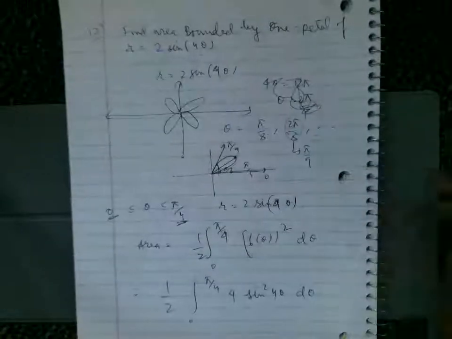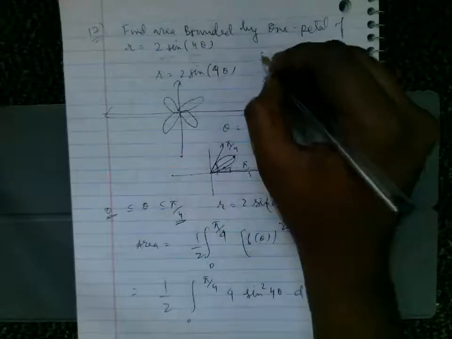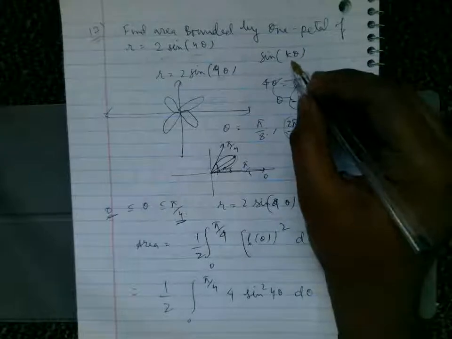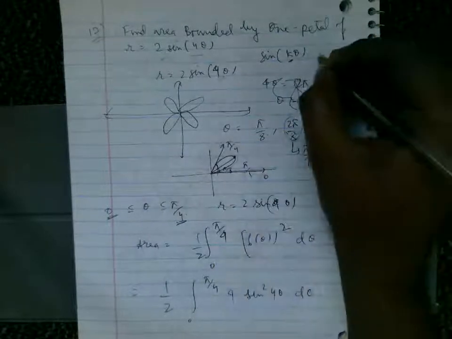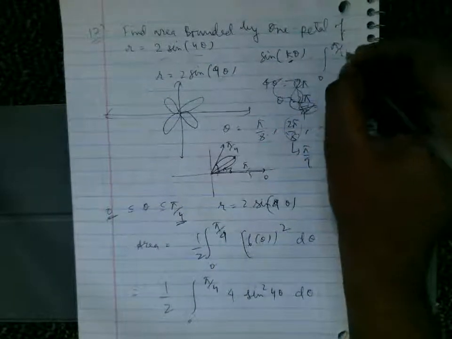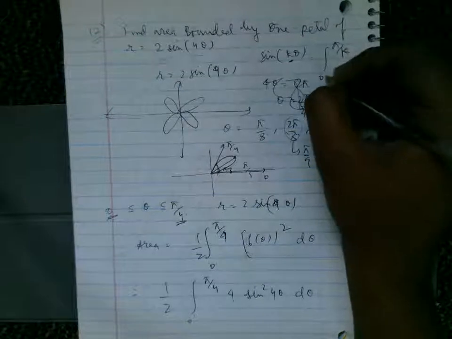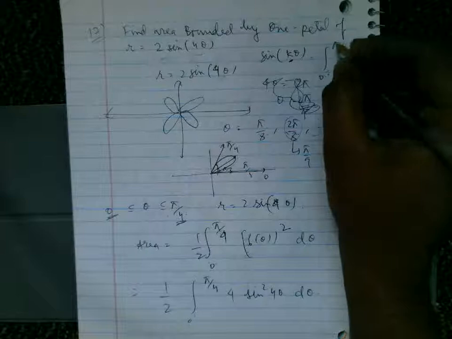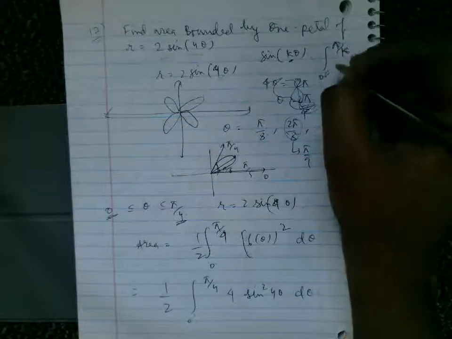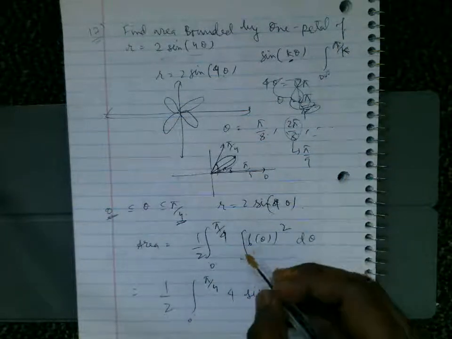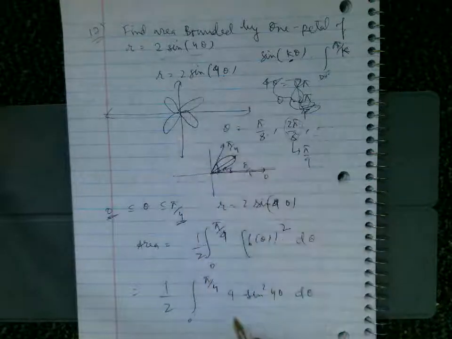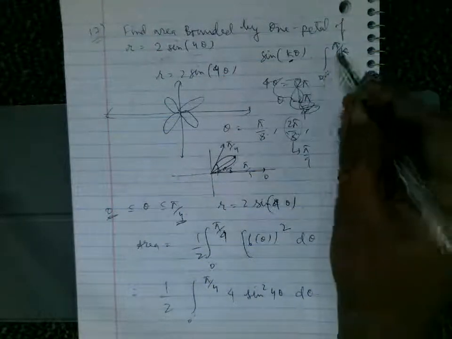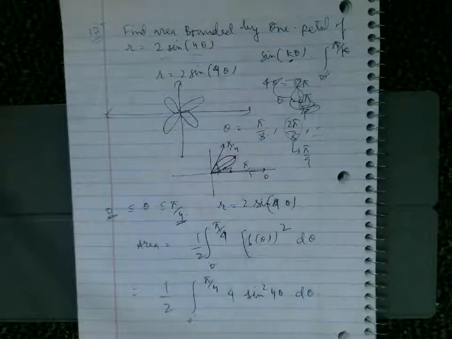So if you get confused, whenever you have sine of k theta, just remember to integrate from 0 to pi by k. You just have to find the bounds of integration, and then you can substitute stuff inside the formula. So just don't mess this up. 0 to pi by k, you are good.